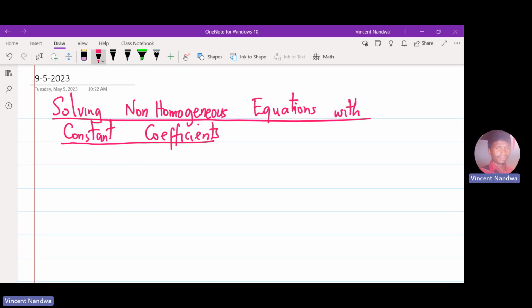So we will describe the method of solving non-homogeneous differential equations.